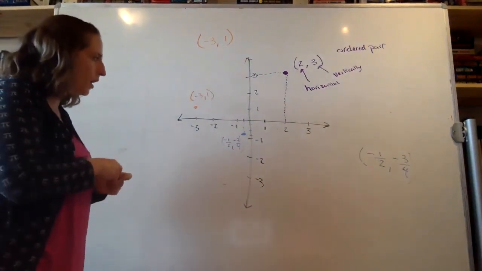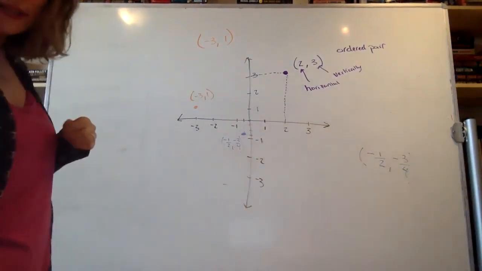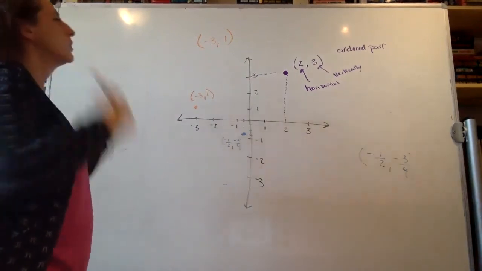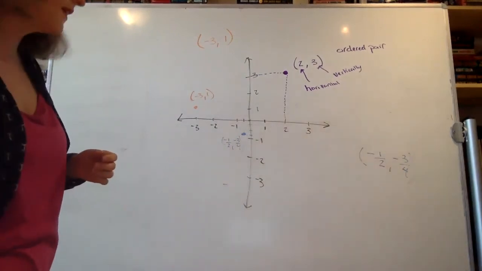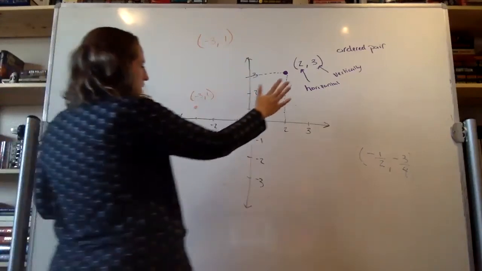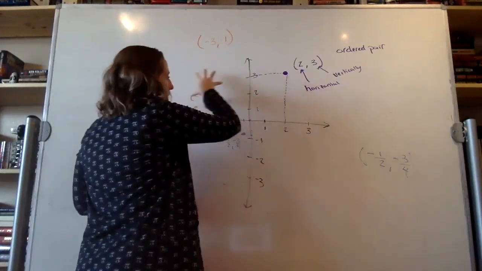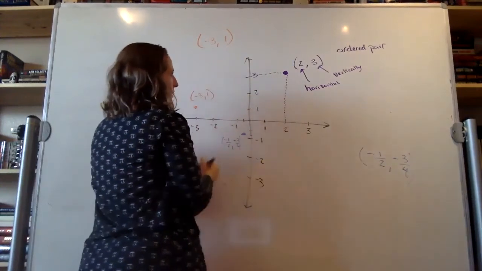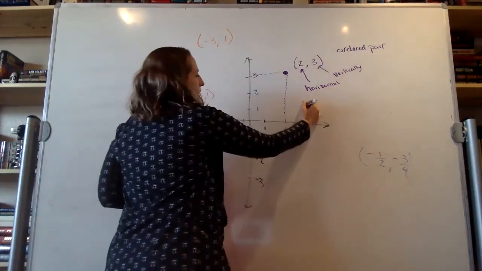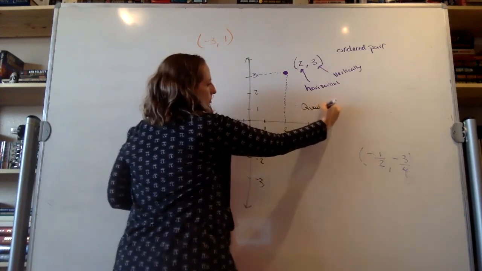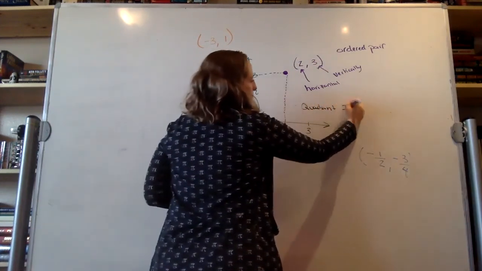Okay? All right. One last thing, when we're talking about the Cartesian coordinate system, is some labeling things. Notice that our Cartesian coordinate system splits up space into four quadrants. Quadrant 1, 2, 3, and 4. Okay? So this is, again, quadrant 1, and we're going to use Roman numerals.